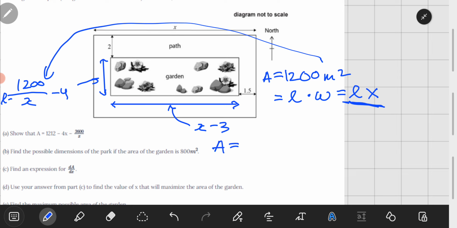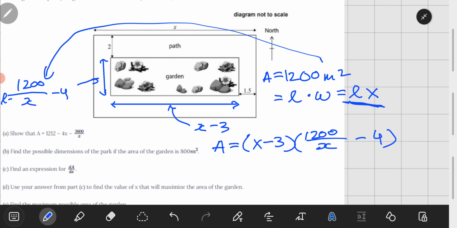So that when we write this out for the area of the garden, we'll multiply the length of the garden and the width of the garden. We will get x minus 4.